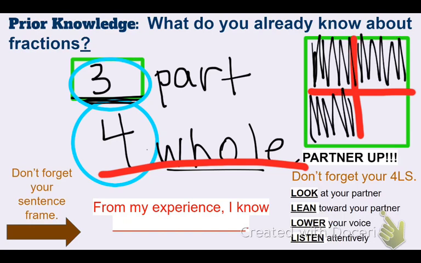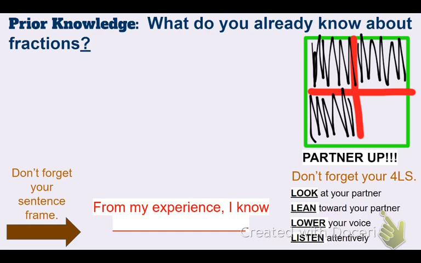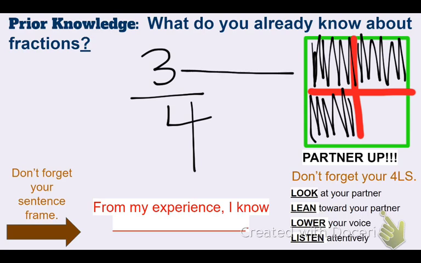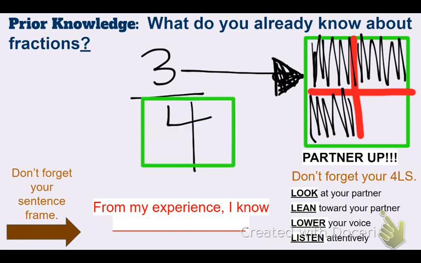So this visual picture, this diagram, this illustration is showing you what does 3/4 really mean. So if I come back to prior knowledge, what do you already know about fractions? Well, I know that 3 is the part we have. The numerator is the part we're dealing with. And I also know that 4 is the total amount, how much we have all together.